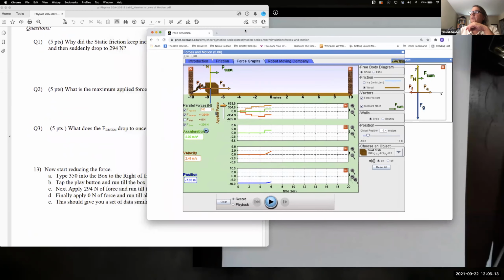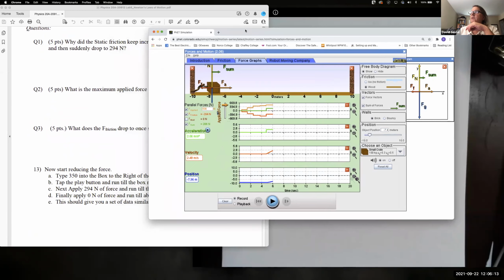Now we're going to start reducing. Now we went to 500, but when we were at 350, the object wasn't moving, and it was no longer accelerating. What's going to happen when I drop it to 350 right now? What do you think? It'll just go back to that level on the other side.